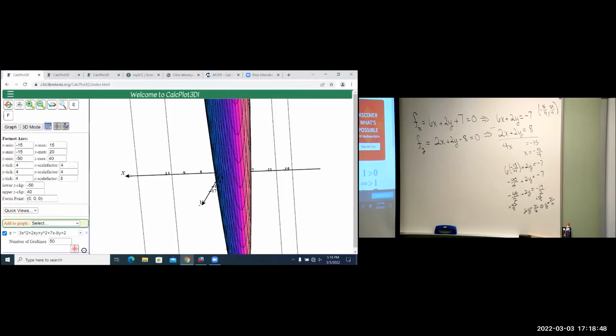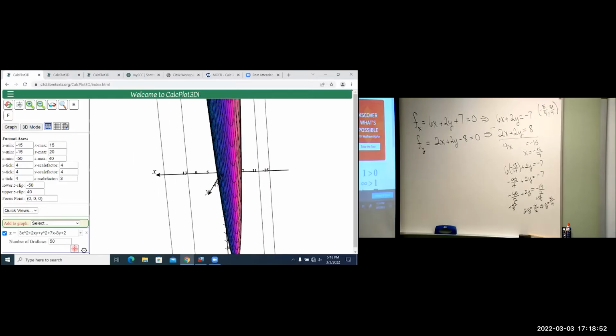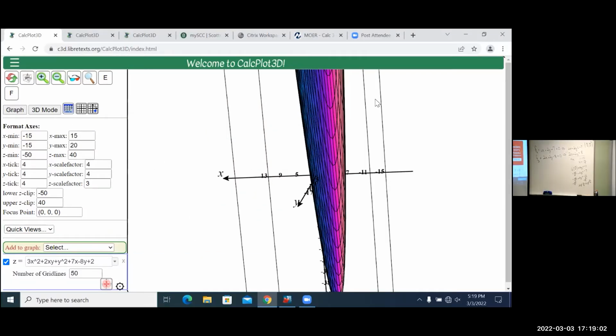All right, so here's a plot of our function.